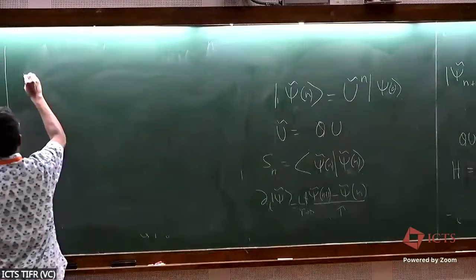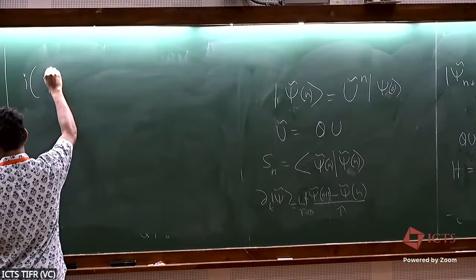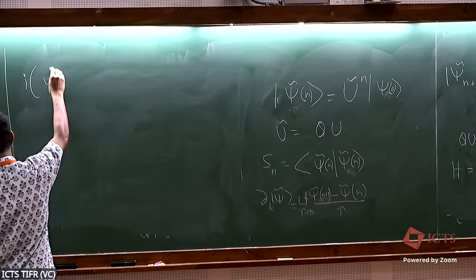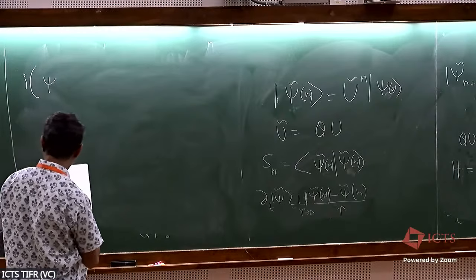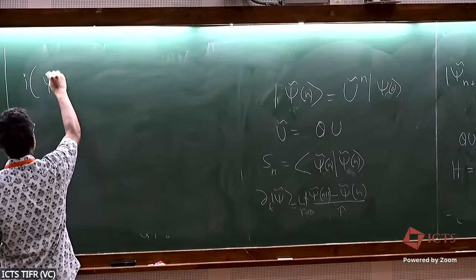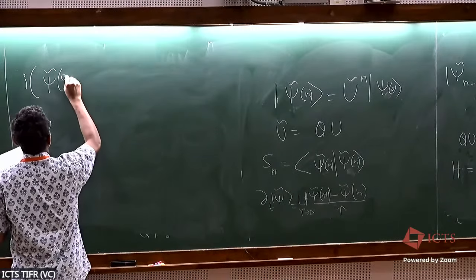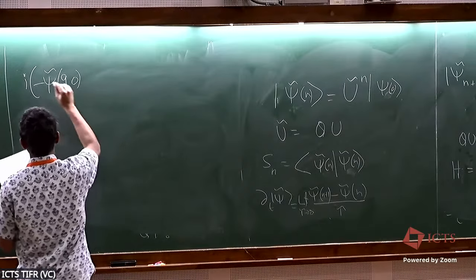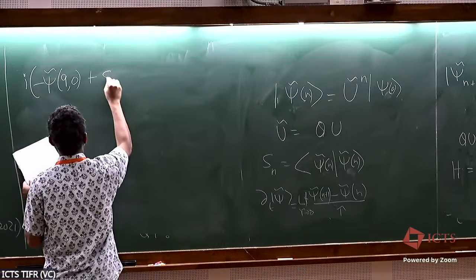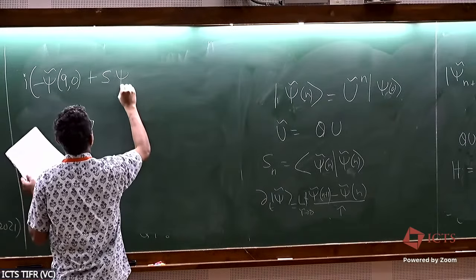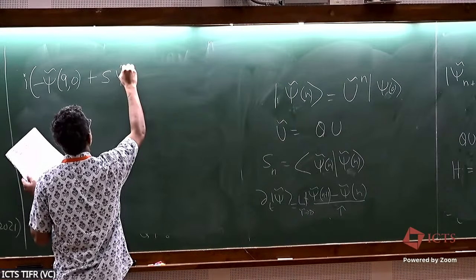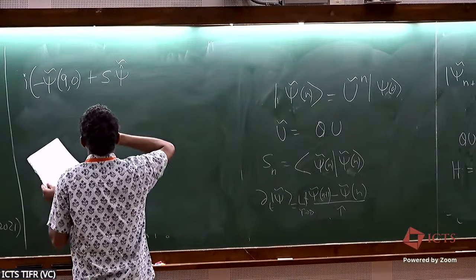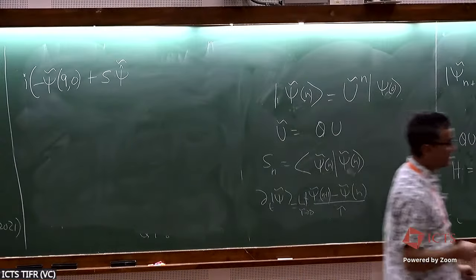I think I'm mixing up notation. We're using Fourier transform, so the Fourier is called tilde. Just tell me if I'm making some mistake in notation. Maybe let me do it there because otherwise I'm getting mixed up.